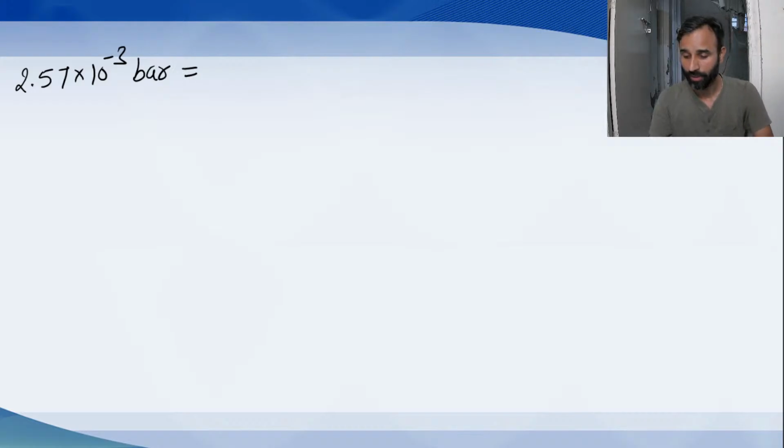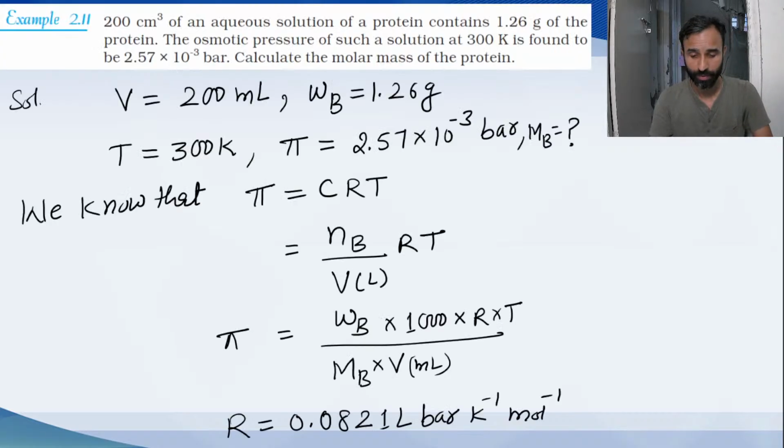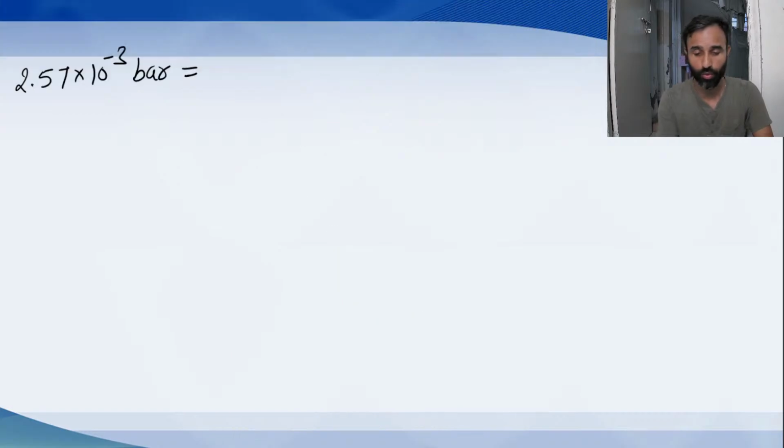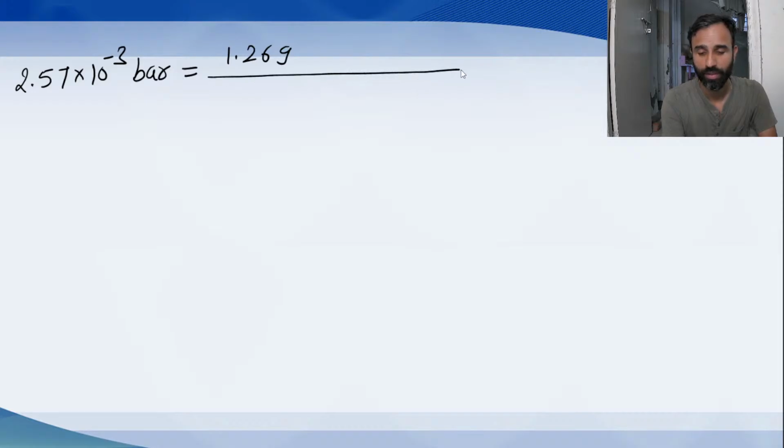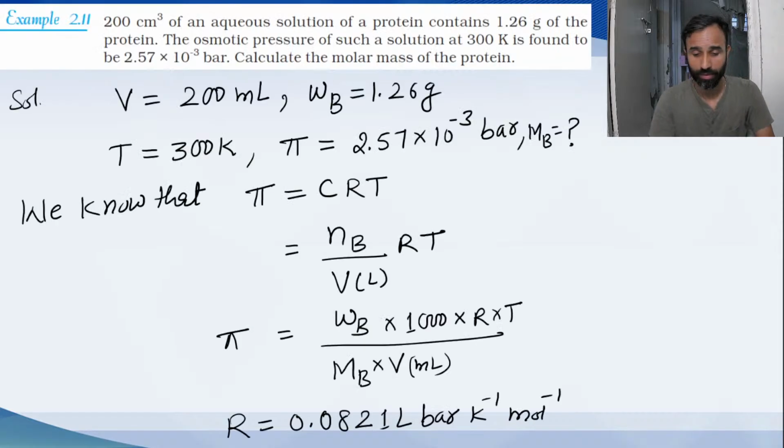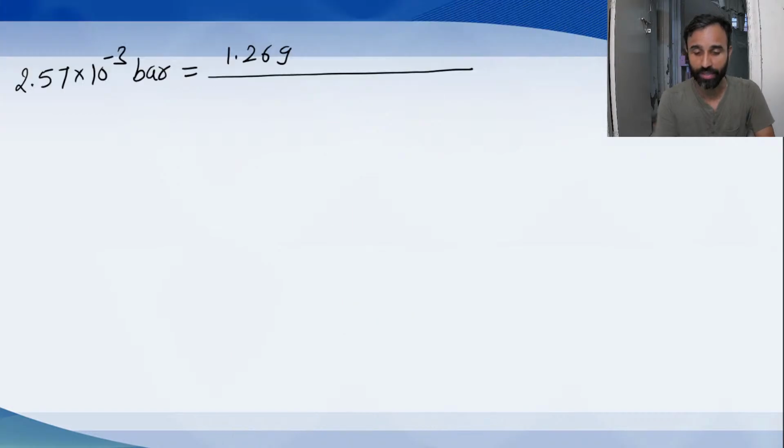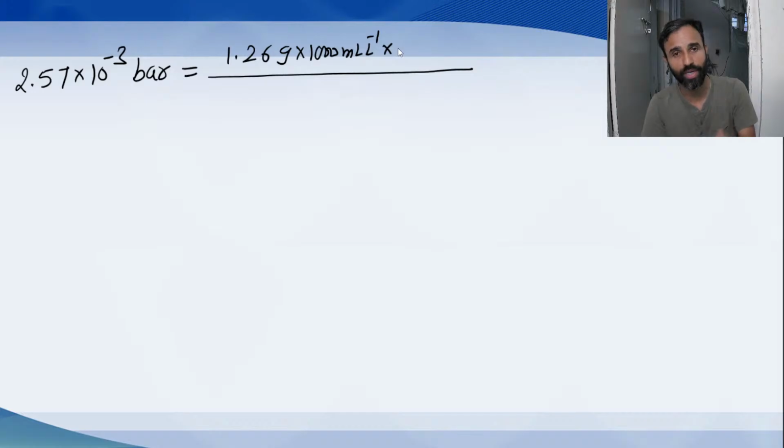Then weight 1.26 gram. Then 1000. This 1000 is 1000 ml per liter. It is written to convert ml into liter.